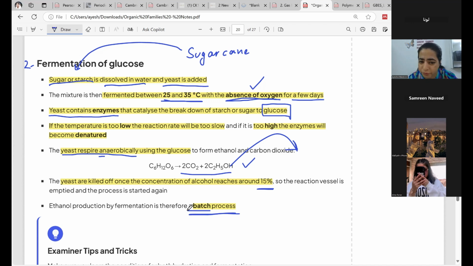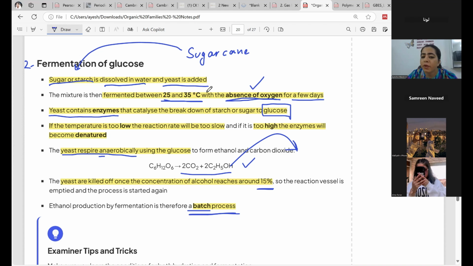Miss, it might be a stupid question, but for the temperature or the room temperature, if we increase it by 1 to 3 degrees, will it affect or will it become a little bit slower? It will affect definitely. If you are going to take less than 25, then it will not take a few days, it will take many days.